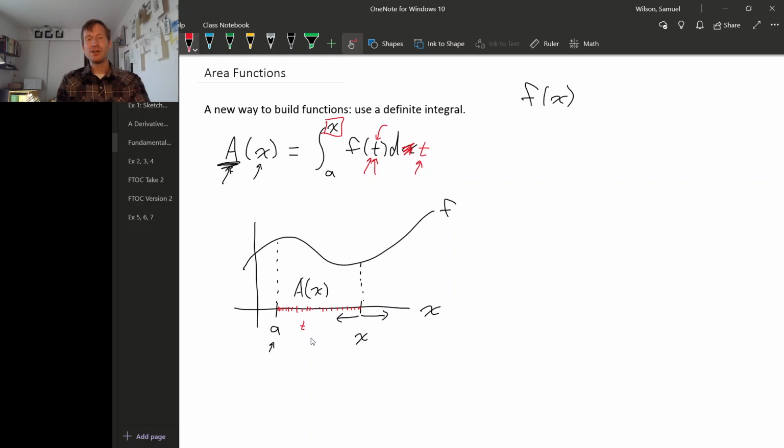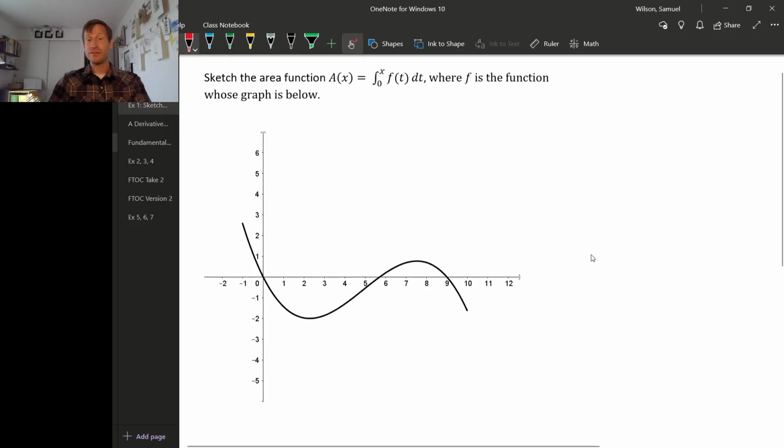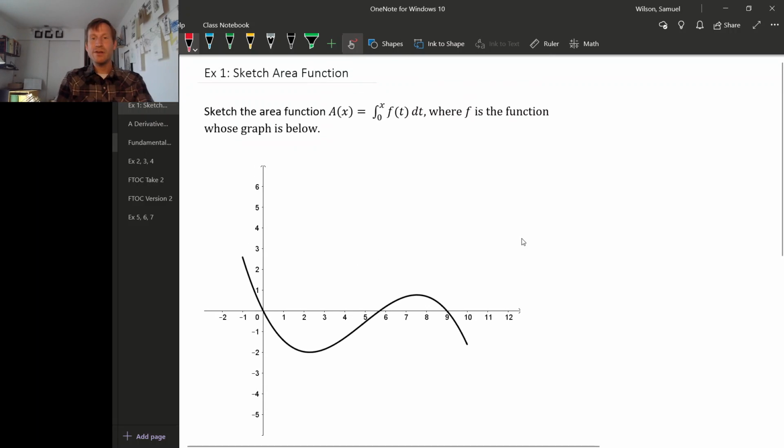All right, so given some starting function f of x, the area function, which is this integral, just tells you the area between this fixed spot and x itself. Let's look at an example of this sort of thing. So let's sketch the area function for this particular graph of f of x. I've started it at 0, so we're going to be measuring the area between 0 and the x value that we are at.